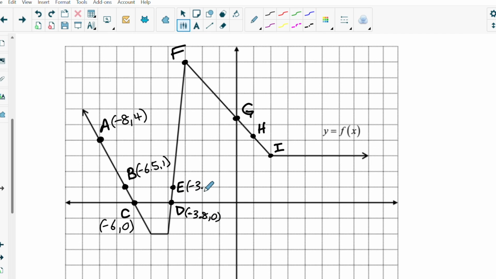Point E is -3.7, 0. Oops, -3.7 and 1. F is -3, 9. G is 0, 5.5. H is 1, 4. I is 2, 3.